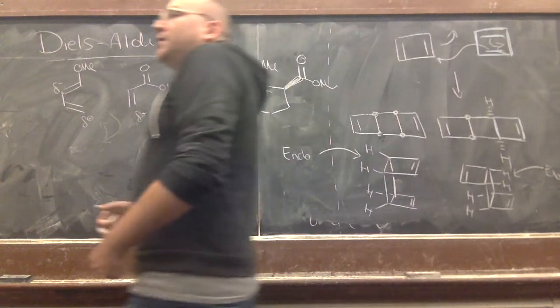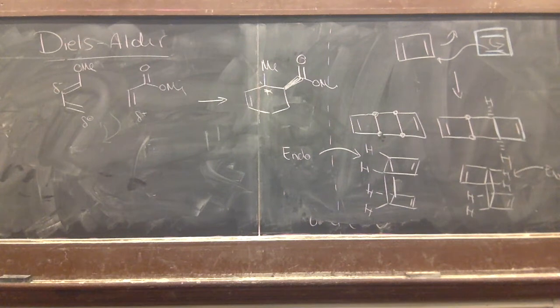Okay? So what we will do is, what's that? Not a chair. We don't do chairs in these cases. It's more like what we showed earlier in terms of the square. We're going to see chairs a bit when we get to other classes of pericyclic reactions.